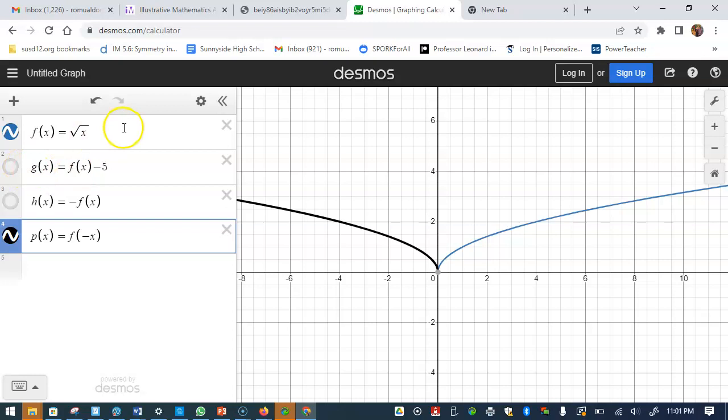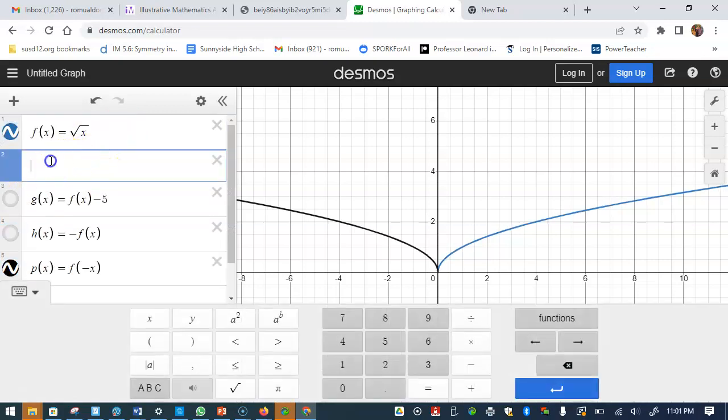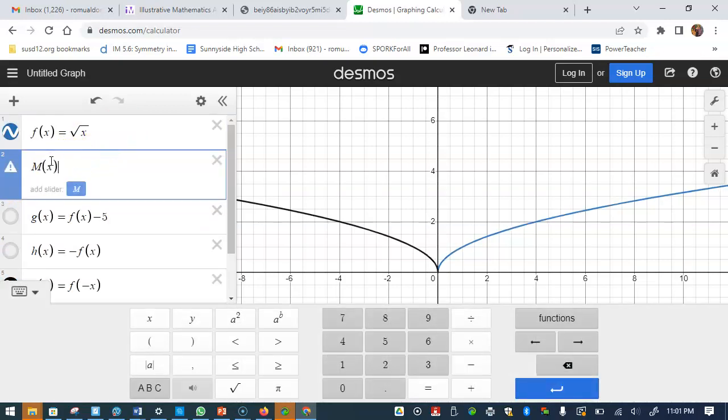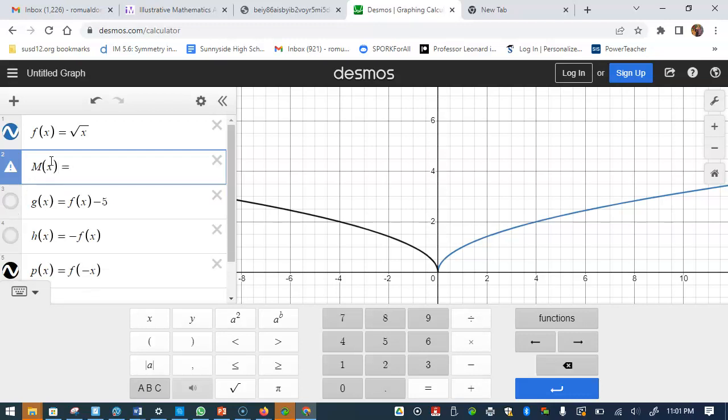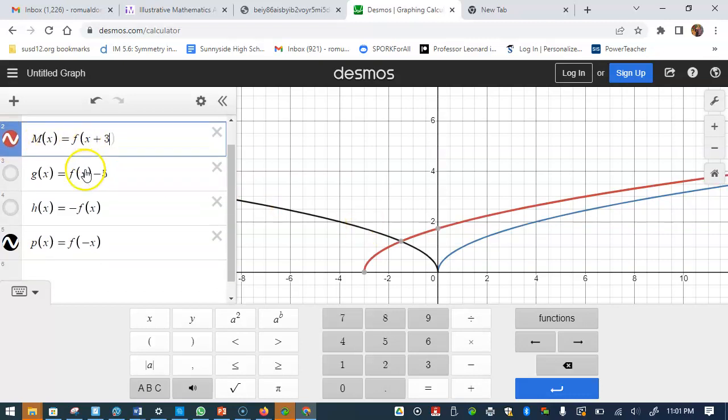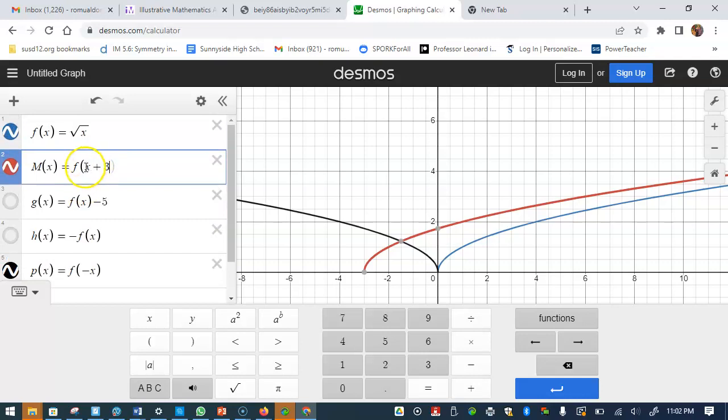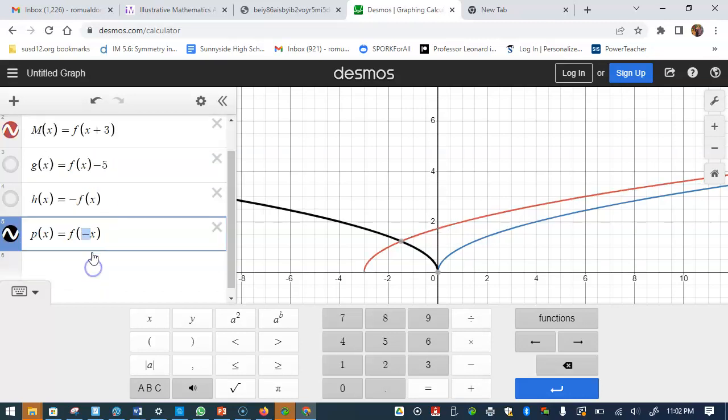The earlier one, I think, was another function, m of x equals f of x plus 3, which means it shifts to the left. See, plus 3. Each time the input is replaced by x plus 3, it moves to the left. But if the input is minus x, it reflects over the y-axis.